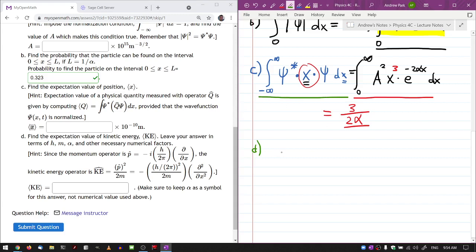Let me just write it down first and we'll pre-simplify it a little bit. It's psi, the complex conjugate of the wave function, times, for the operator for the kinetic energy, momentum squared over 2m, times psi. And you integrate it over all space, the same as before.